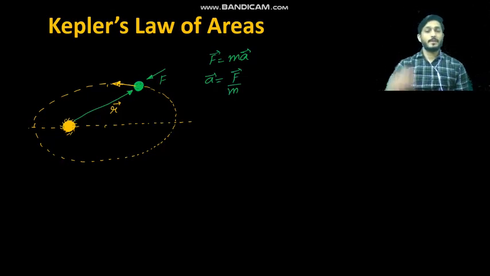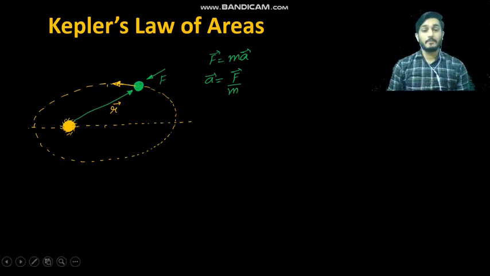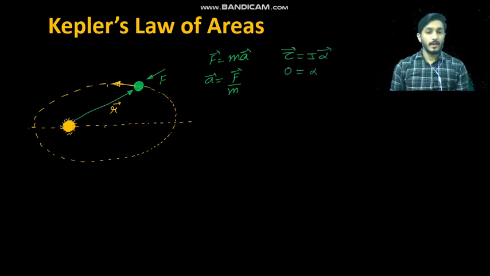From here we can clearly deduce that whatever is the direction of force at that instant of time must be the direction of acceleration. Now what about the torque, or what about the angular acceleration? Simply we can write tau equal to I alpha, and since tau is 0, alpha is 0.